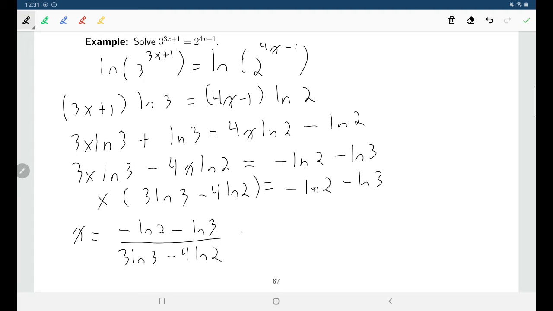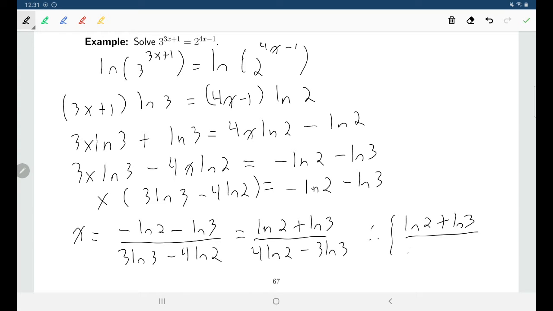Or if you don't like all those negatives, you could multiply top and bottom by negative 1 to give natural log of 2 plus natural log of 3 all over 4 natural log of 2 minus 3 natural log of 3. And that's how I'll phrase my answer here. So in my solution set, that would be the one value that I have: natural log of 2 plus natural log of 3 over 4 natural log of 2 minus 3 natural log of 3.